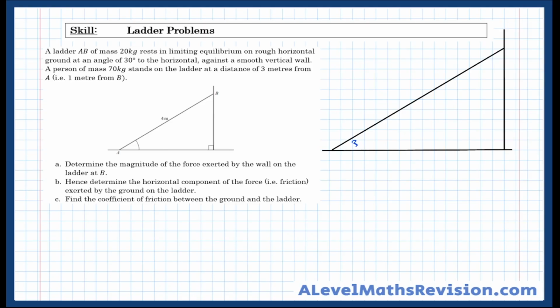So let's start by writing the 30 degrees in there. And we know that the weight of the ladder is 20g, acting downwards. We know there's a person standing 3 meters from A, 1 meter from B. That's 70g, and let's mark on A and B there.